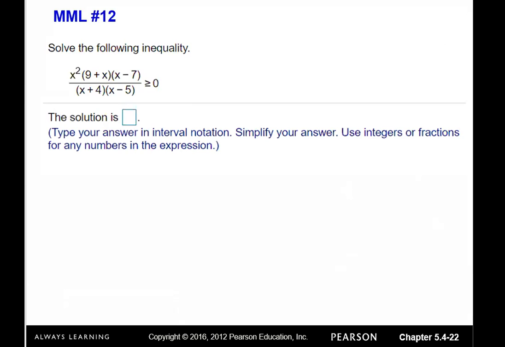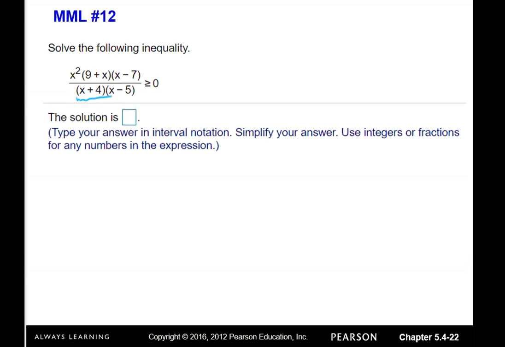Okay. All right. We were doing, oh Lord, I'm behind. 5.6, and I had 5.5, and I had one question left, number 12. It said solve the following inequality. Okay, so let's see here. I started with the asymptotes, which would be the denominator.